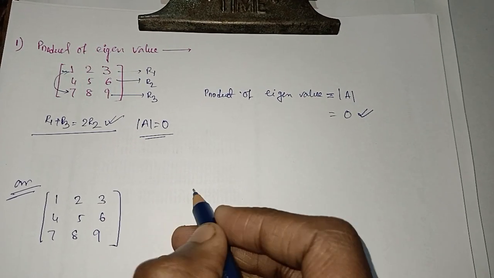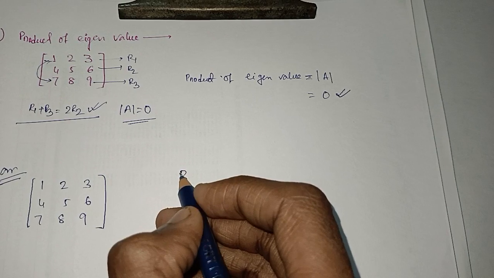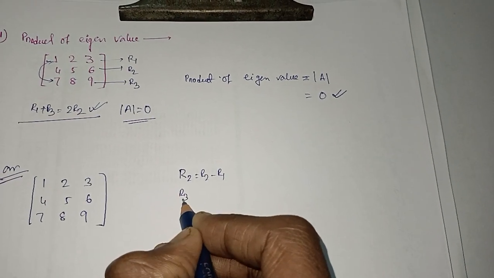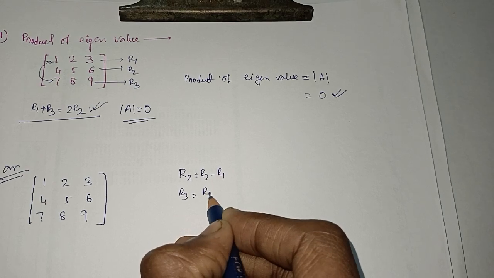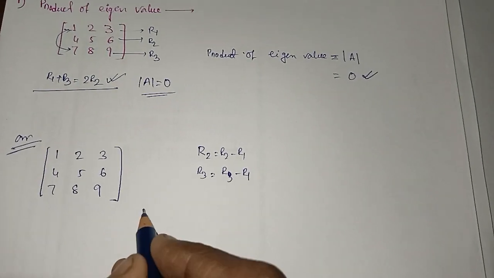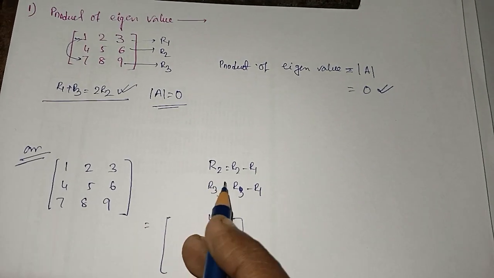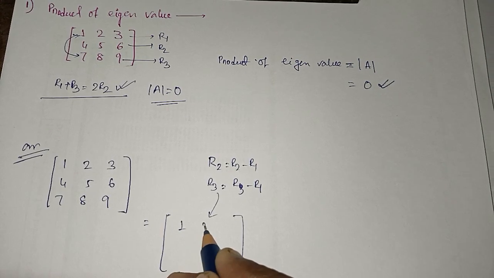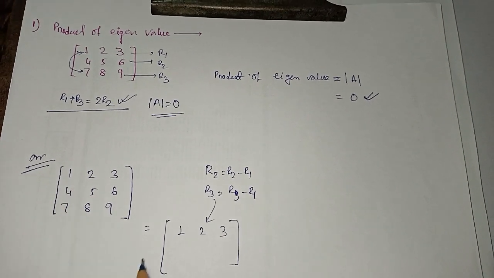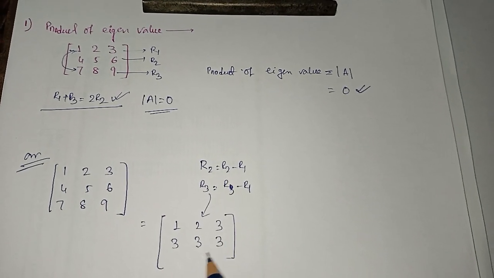If we observe clearly and apply row 2 equals row 2 minus row 1, and row 3 equals row 3 minus row 1, row 1 stays 1, 2, 3. Row 2 minus row 1: 4 minus 1 is 3, 5 minus 2 is 3, 6 minus 3 is 3.